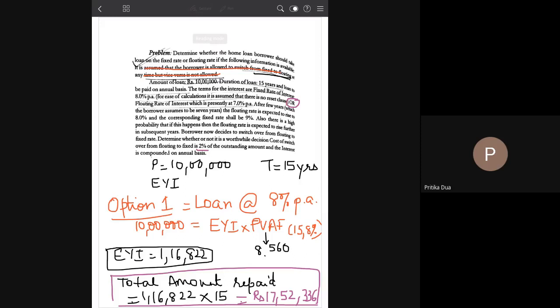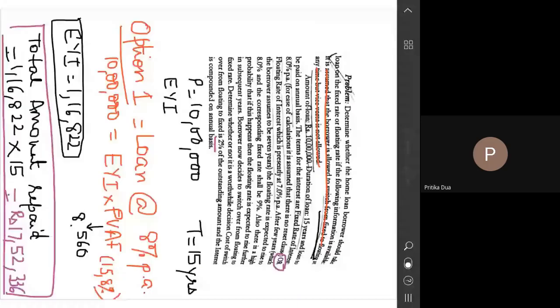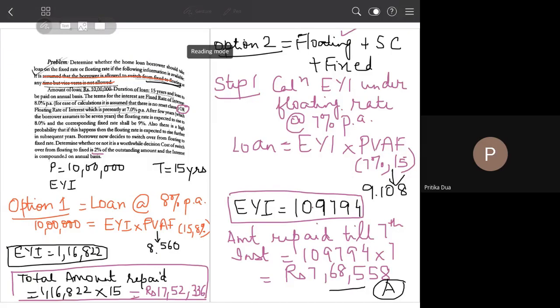So solving, we got the yearly installment, and for 15 years when this yearly installment is paid, the total cost to the borrower would be 17,52,336. Okay. Post that, we need to evaluate the second option.